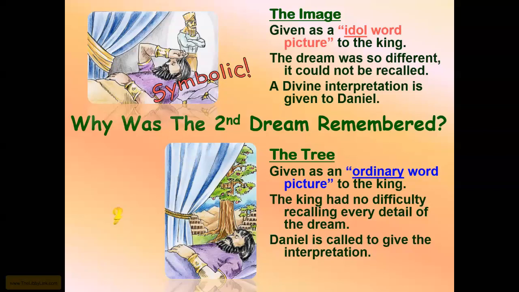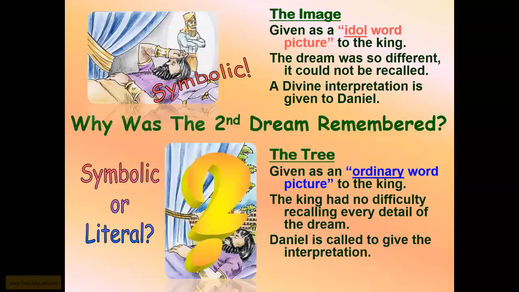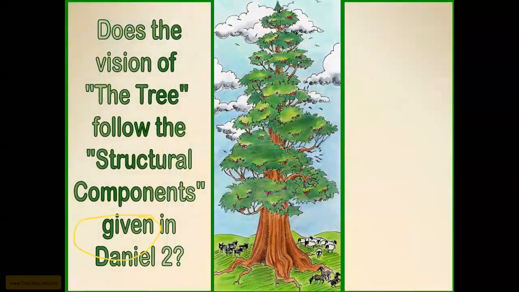But the question still remains, is the dream written with symbols, or is it written in literal language without symbols? Does the vision of the tree follow the structural components given in Daniel 2? Well, we are all gathered together tonight to see that the answer is yes.